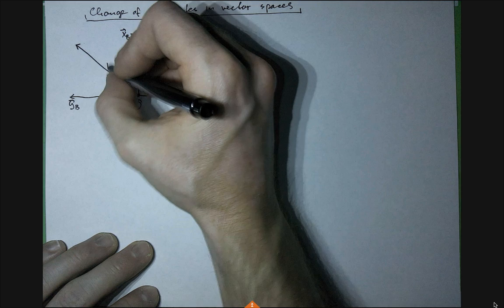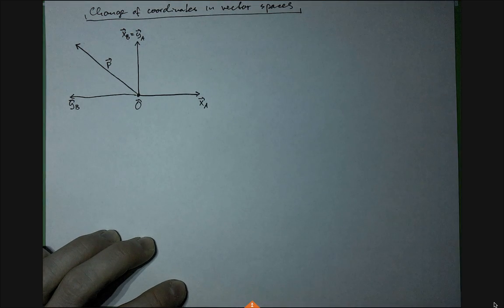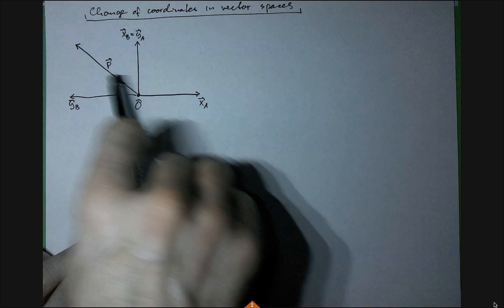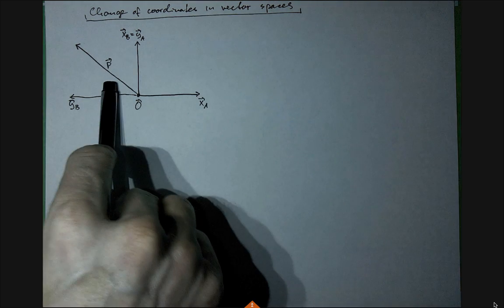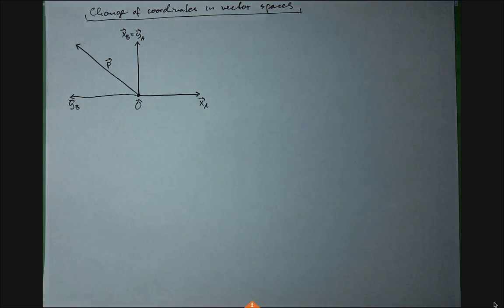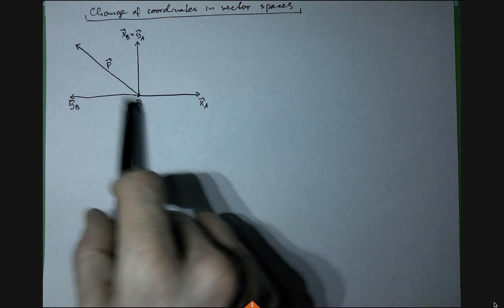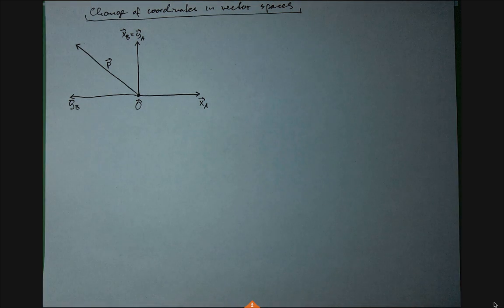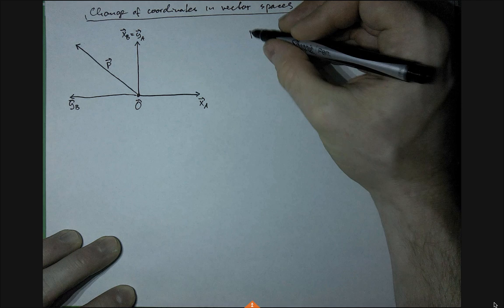So let's say I have some vector p here. Okay, and it's just one vector which exists in the vector space, but the vector will have different coordinates with respect to the basis a and with respect to the basis b. By the way, this is the best example I could think of, so that the things are not overlapping and not being crazy weird. So this is a vector p, and I can talk about its coordinates pa.